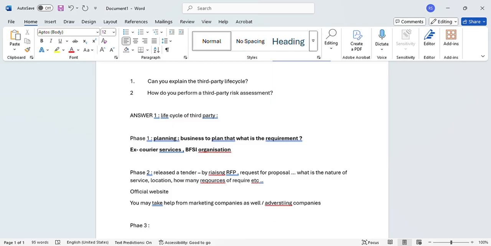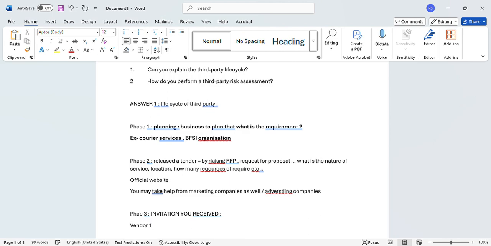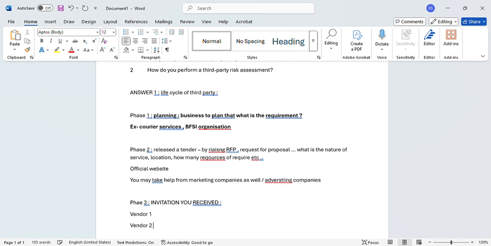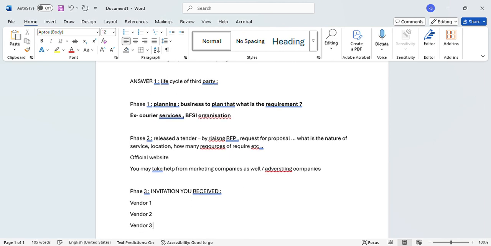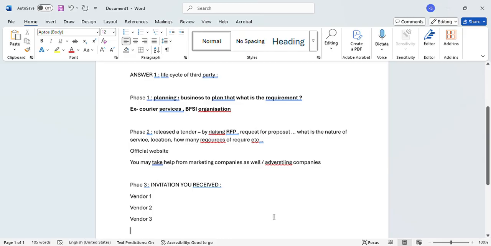After releasing the tender, for example, you received 4 invitations, named vendor 1, vendor 2, vendor number 3. These are the invitations you received after releasing the RFP.